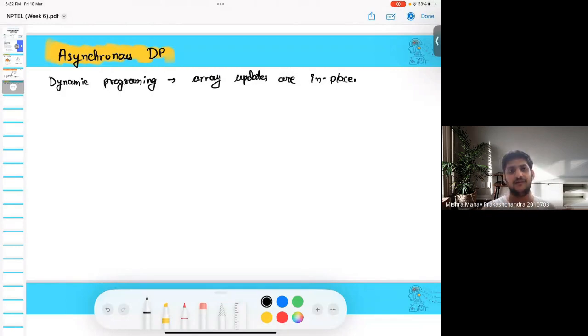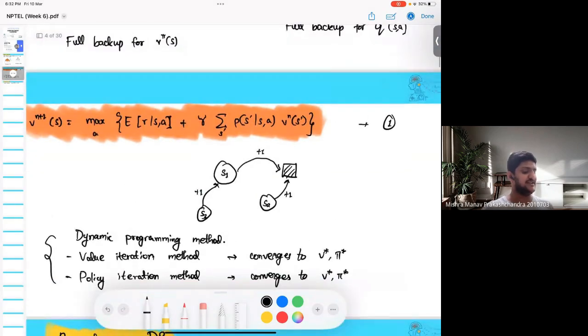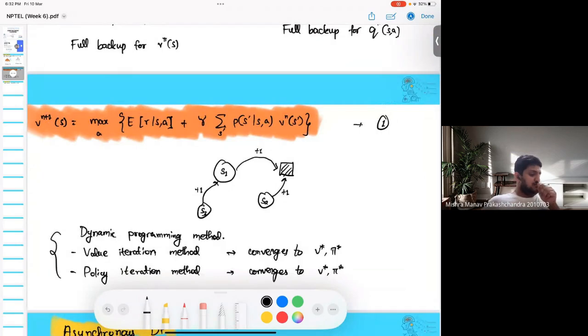What do I mean when I say that the array updates are in place? If you look at equation one, in order to compute the new value, which is v of n plus 1 for a given state s, I need to consider all the vn at different states, and then take a max over that element.